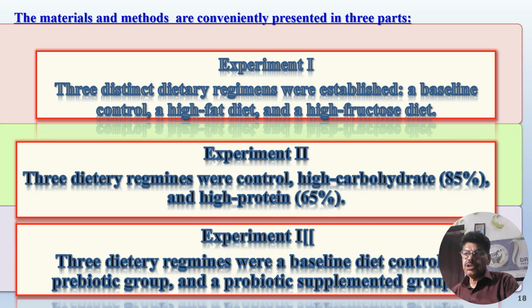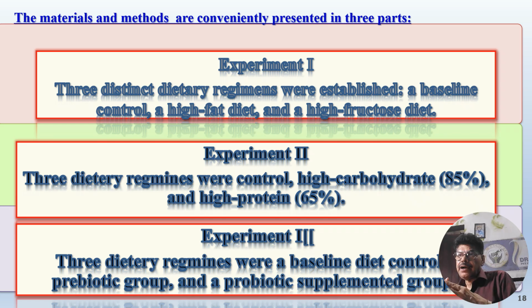Routinely, we keep the rabbits on four types of diets: the carbohydrate diet, the protein diet, or the high fat diet. So we have compared all these diets, carbohydrate, fat, and protein.